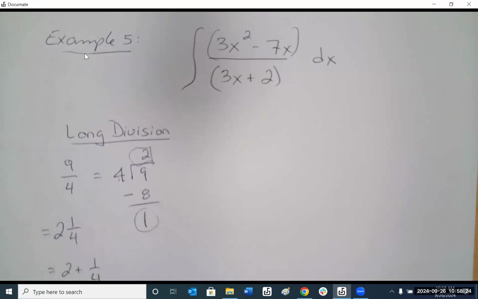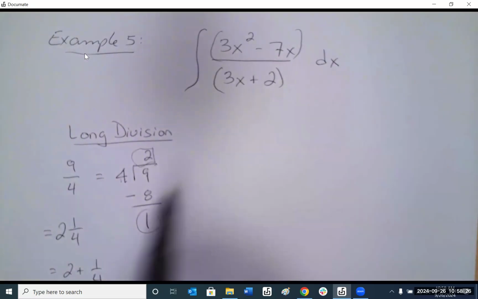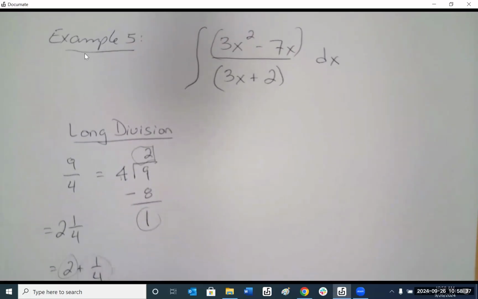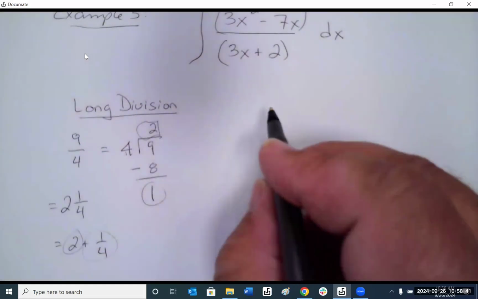So you see now, if we can do this with this equation, these are easy to integrate. Those are just straight integration. These are what we have the chart for. So let's look at this example.